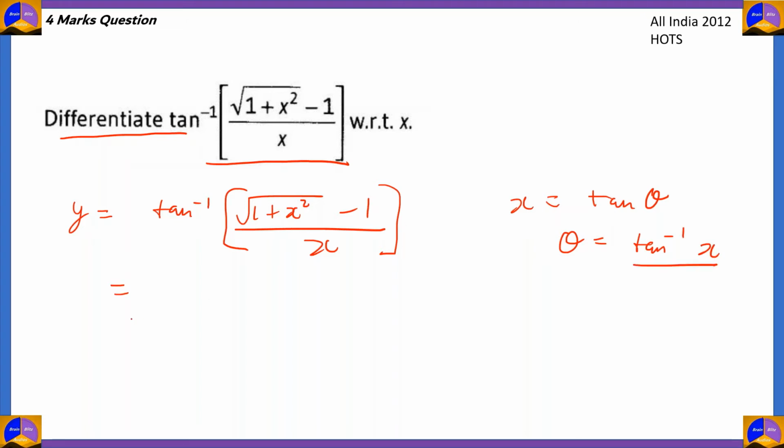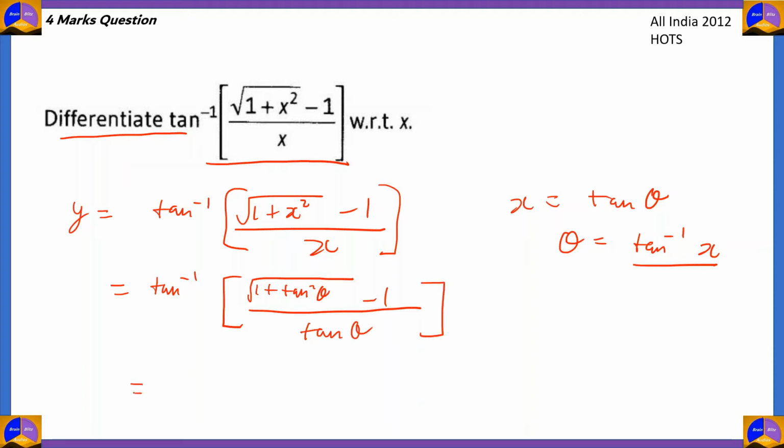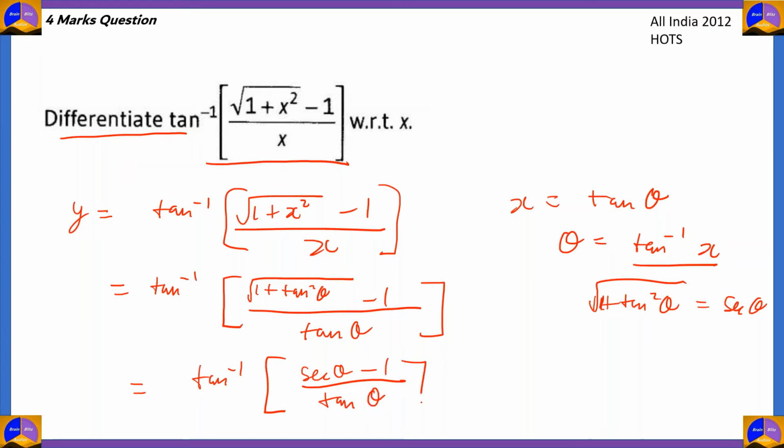So now we'll put x as tan theta. So we get tan inverse of (root of (1 plus tan square theta) minus 1) divided by tan theta. The root of (1 plus tan square theta) will be equal to sec theta. So now we put the value: sec theta minus 1 divided by tan theta.